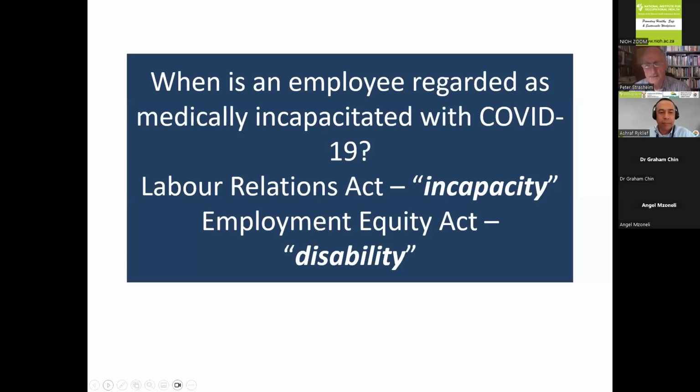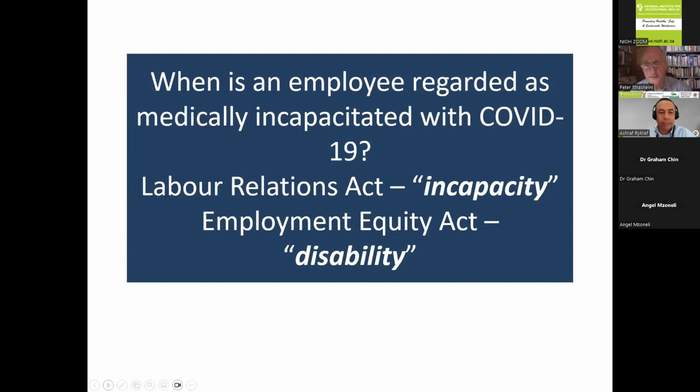So for a medical practitioner here today, if you as a medical practitioner qualified to diagnose, of course, are uncertain as to whether that diagnosis in that person, in that job, in that working environment at that time, they are disabled or incapacitated, what do you do?